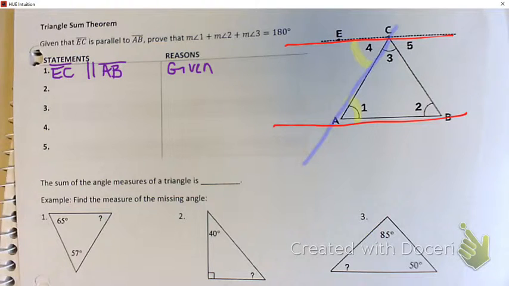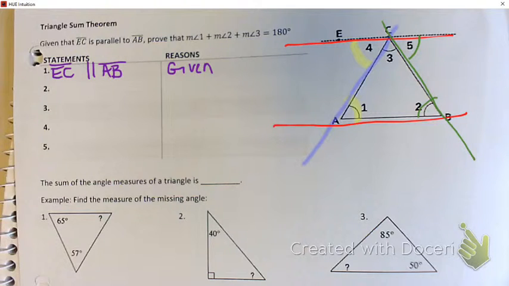Okay, well tell me about angle 5. What would angle 5 be congruent to if this is the transversal? 2. Do you agree? What kind of angles are angle 4 and angle 1? Alternate interior. What about angle 5 and angle 2?